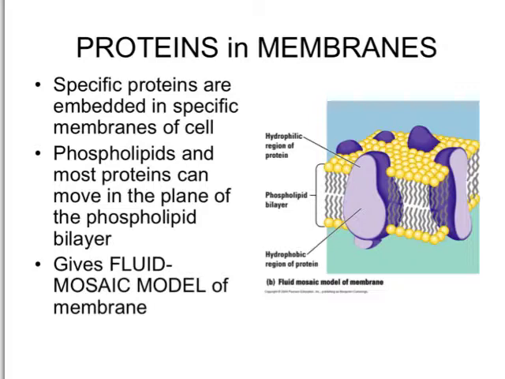So it gives the membrane a fluid nature, where the proteins can move back and forth within it. We call that the fluid mosaic model of a membrane, because nothing is rigid or set in stone. It's very fluid, and lots of movement can happen within the membrane.